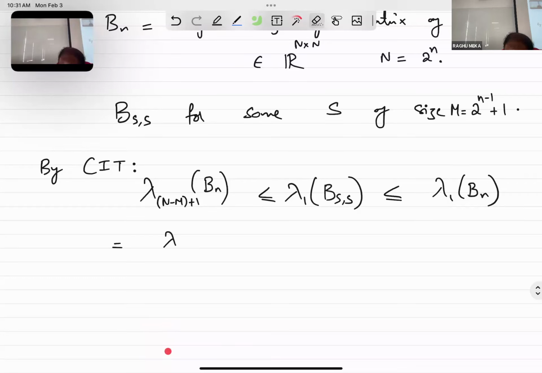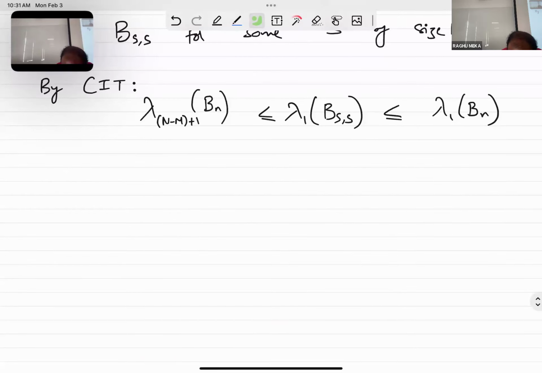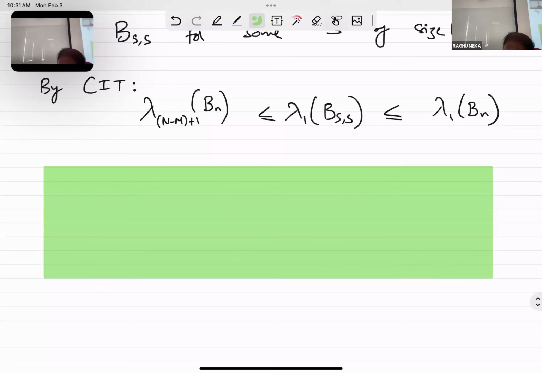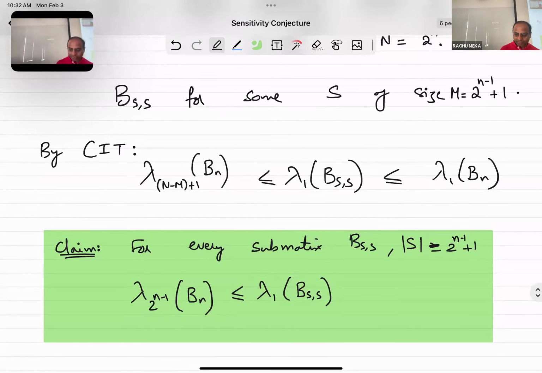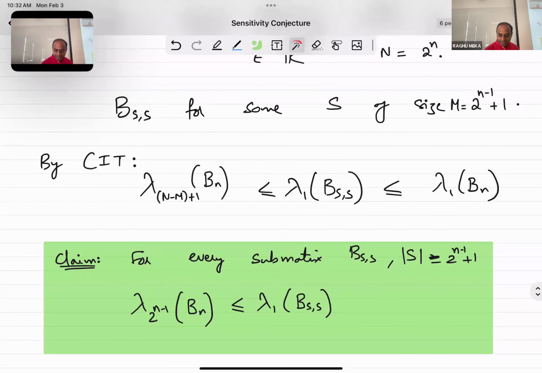So in other words, if you substitute in the values, what you get is n minus m.